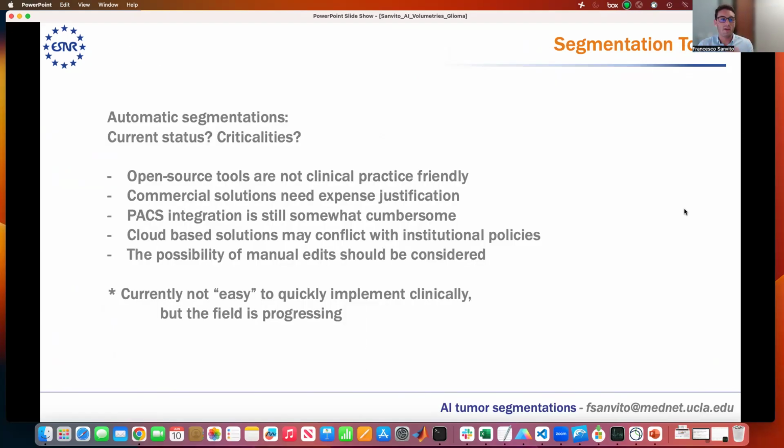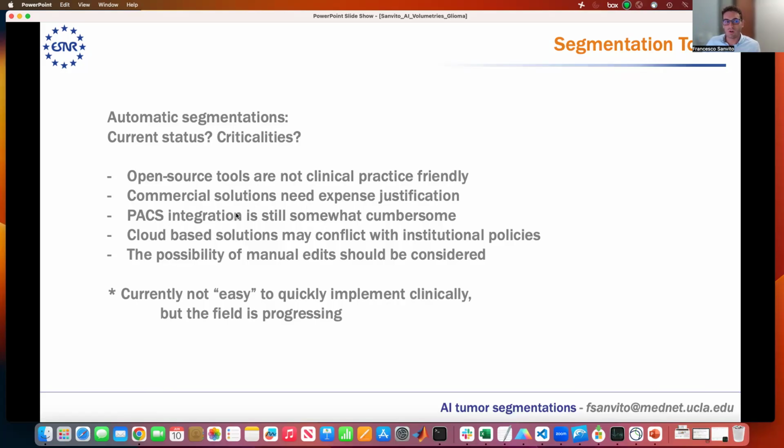If we want to make a final point, a couple of points about the status of automated segmentations right now: there are open source tools that are free and they exist, but they're not very clinical practice friendly. They require some processing on the back end, and you need some neuroimage processing expertise to use them. Whereas commercial solutions are more clinically oriented, more clinician friendly, but they require payment, so they need an expense justification.